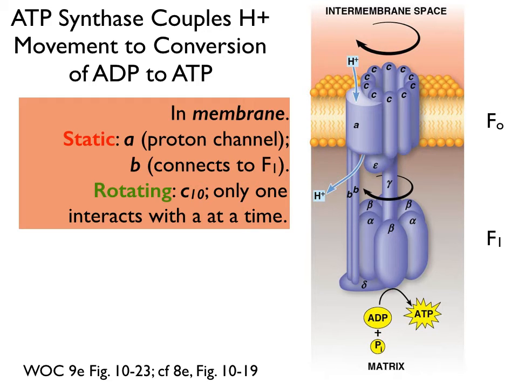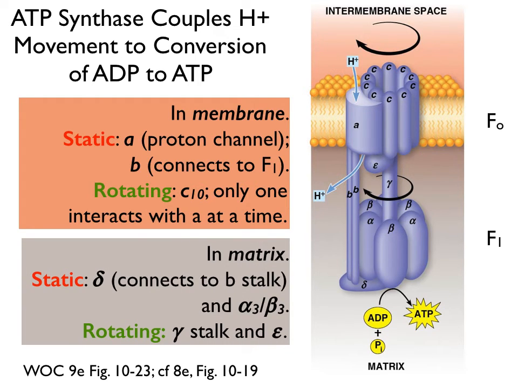And only one of these interacts with the A subunit at any given time. Right in the matrix, there's something called delta. The delta subunit connects to the B stalk, so the delta part is at the very bottom there, and doesn't move.